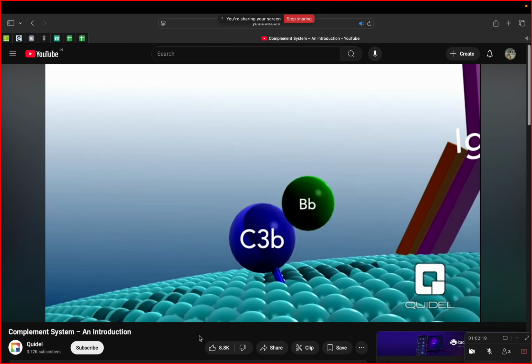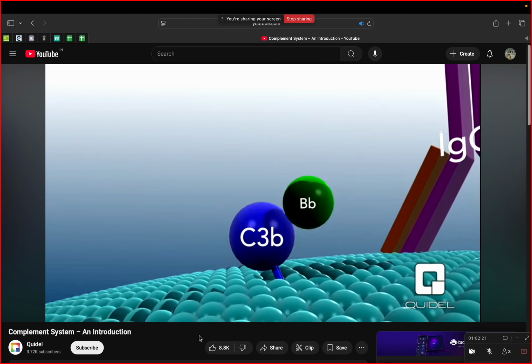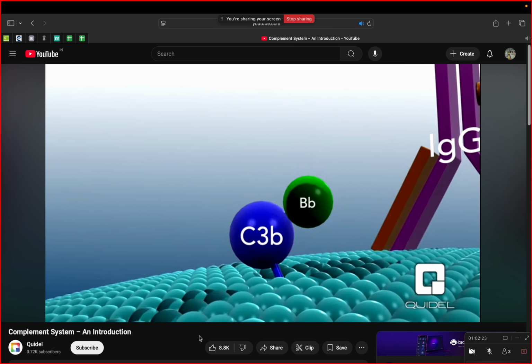Some of the C3b generated by this cleavage does not interact with the activating surface and remains soluble.